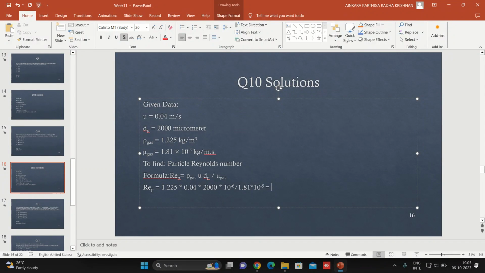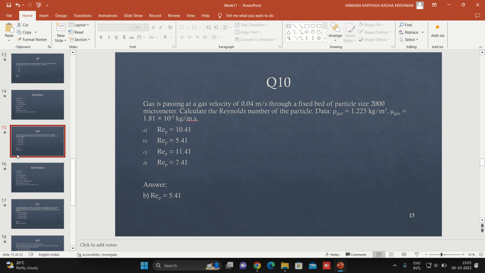It is 5.41. I'm getting a weird answer. I don't know whether it is in the options or not. Yeah, the answer is 5.41. Re_p is 5.41.